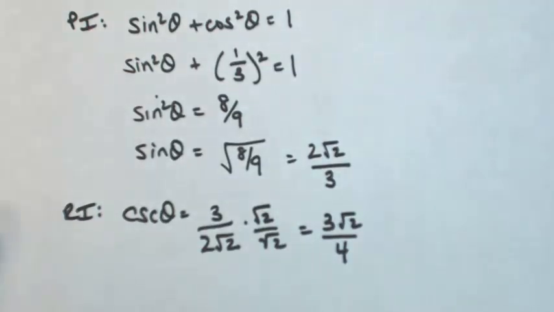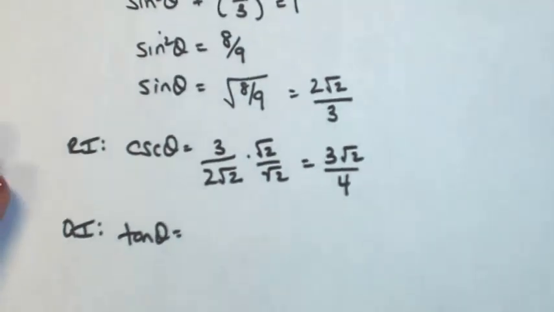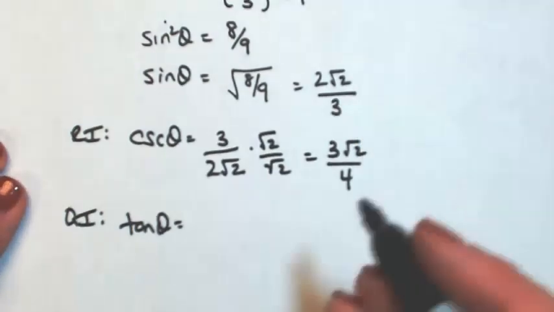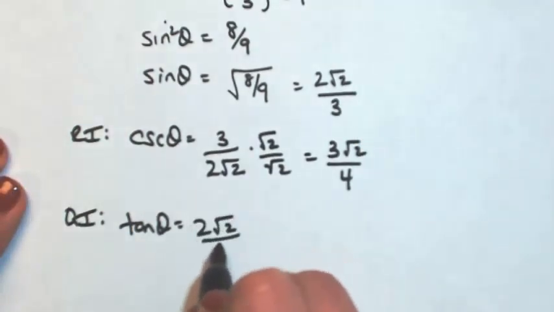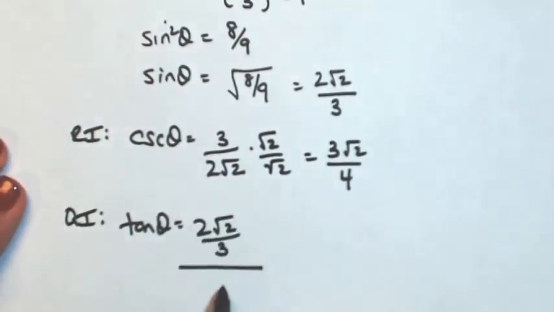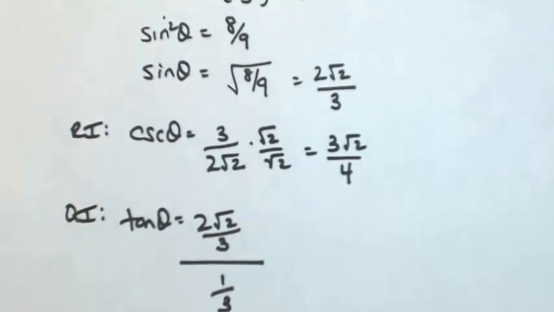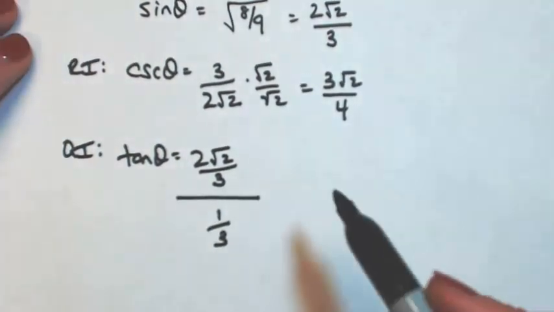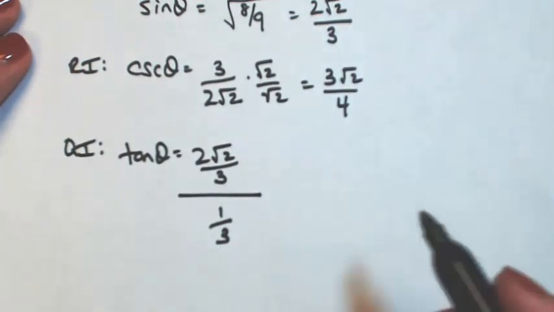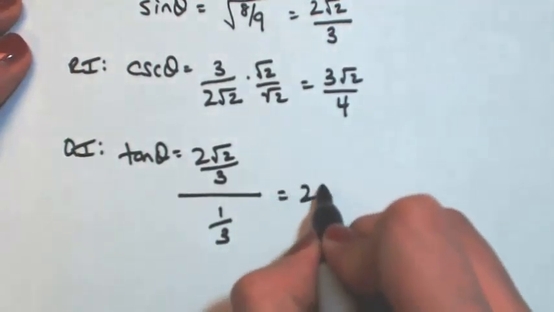Since I know sine and cosine, I can use quotient identities now. So the tangent of theta is sine over cosine. Sine we just found. Cosine was given. Since I'm dividing top and bottom by the same thing, the 3's would just cancel, so I get 2 square root of 2.